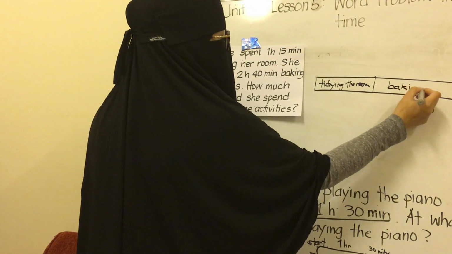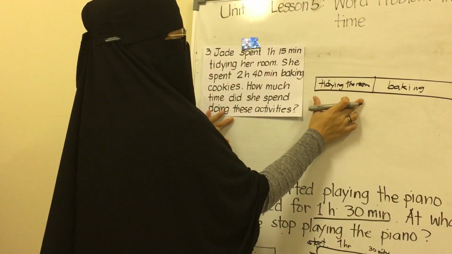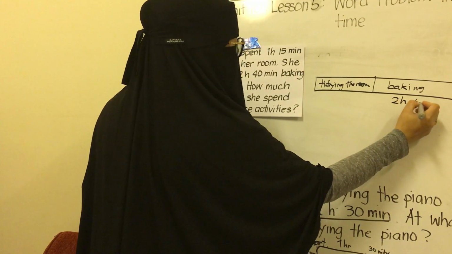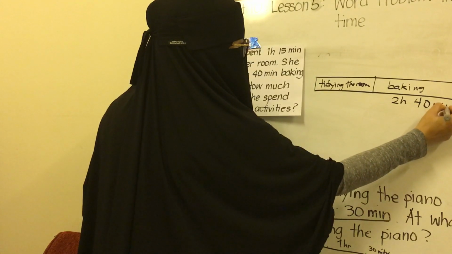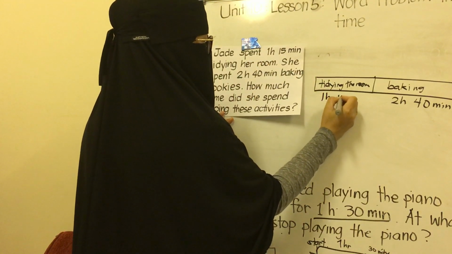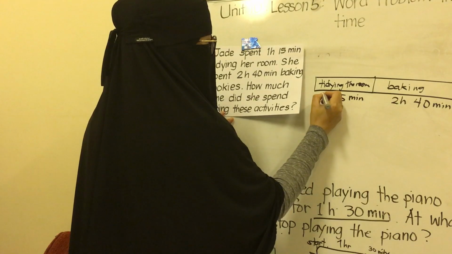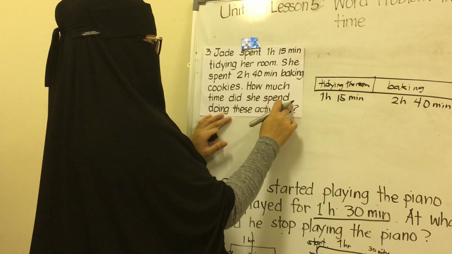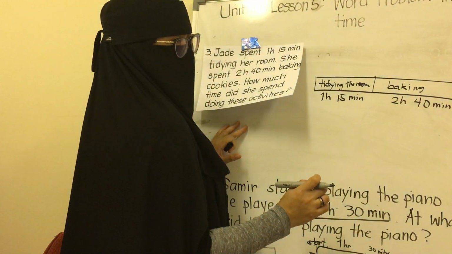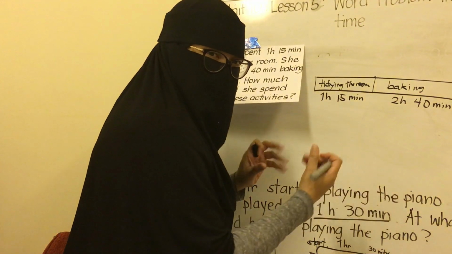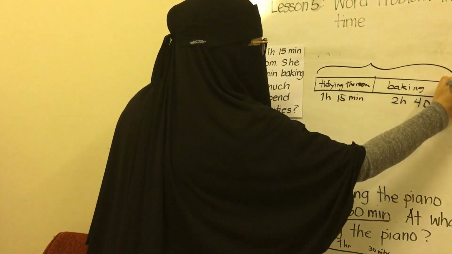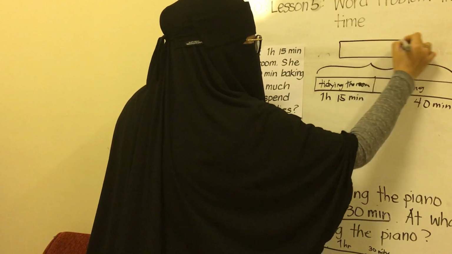The baking is bigger than the tidying of the room, because baking is 2 hours and 40 minutes, and the tidying of the room is 1 hour and 15 minutes. It says here, how much time did she spend doing these activities? So we are going to combine, or add, the time. We will find out the total hours and minutes.